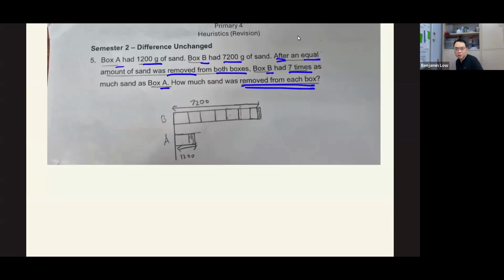Then now the other thing is that we need to find how to, as you can see from the model actually, it is mostly correct. Okay, but the problem with this model, why the student is stuck is because the part that has been removed was drawn at the back over here.